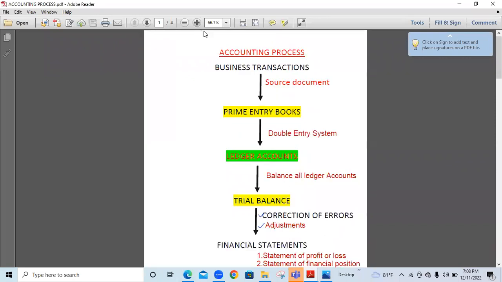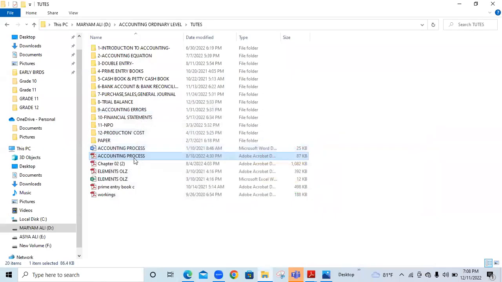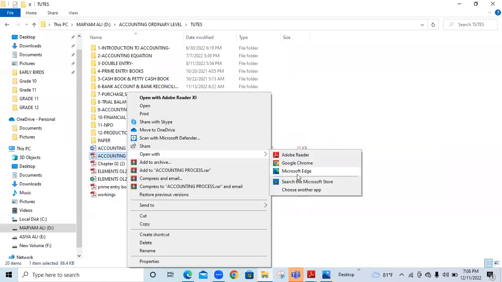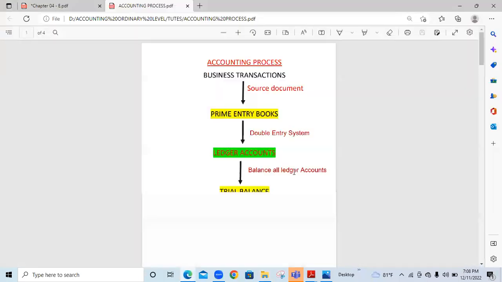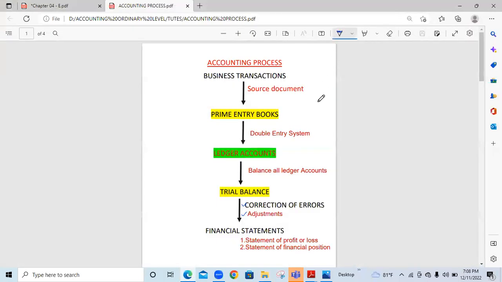The first place you record transactions and events is what you call the prime entry book. To record in prime entry books, you need evidence. The evidence is what we call the source document.